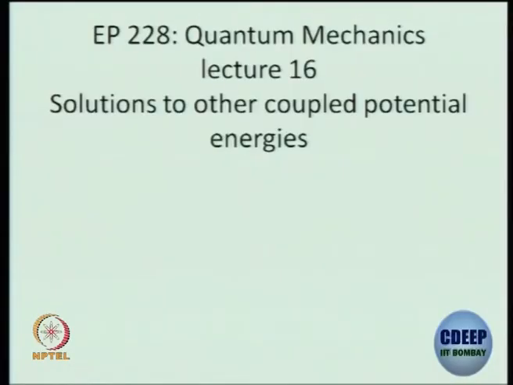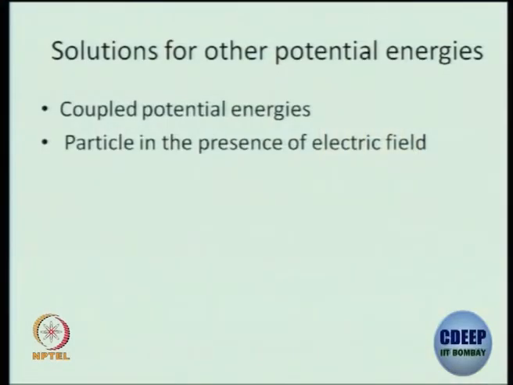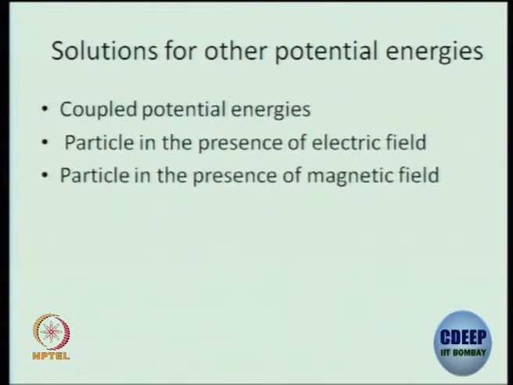Okay, so today I thought I would take a few quick questions one can ask for other coupled potential energies. A couple of them: you can have two coupled harmonic oscillators, you can have a harmonic oscillator in the presence of an electric field, or you could have a particle oscillating in a harmonic oscillator potential and also subjected to a magnetic field.